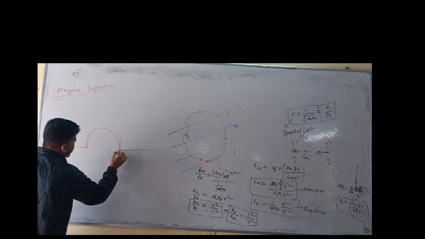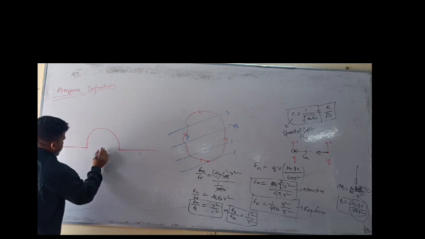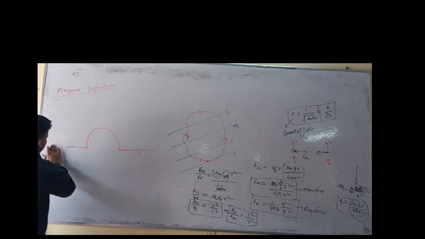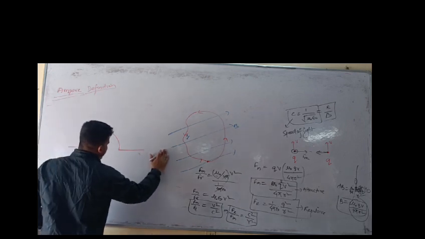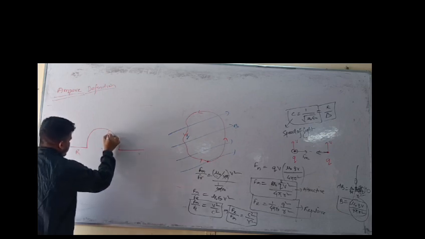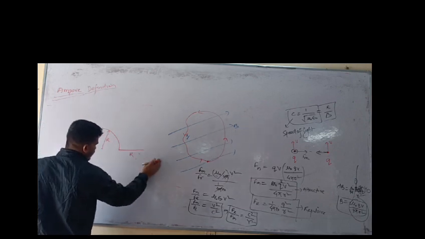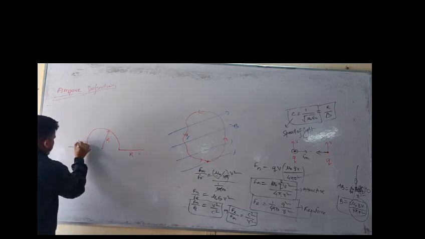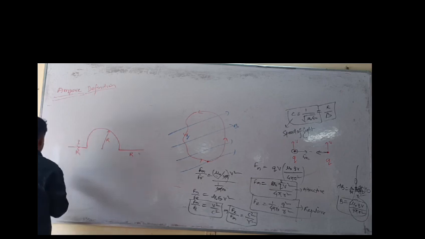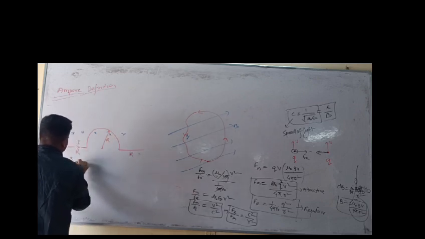This is a semicircle. Radius of this circle is R. This is also R. The length is R. What is the current passing? I. And the magnetic field is here, into the plane.